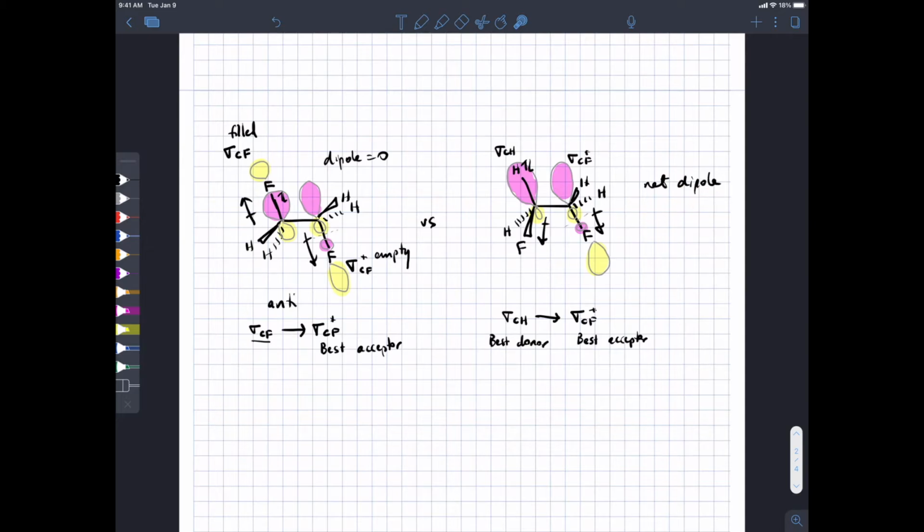Now, we're just imagining these molecules by themselves, right? I would think that alone in the gas phase, probably having a 0 dipole is maybe better. But can you think of a situation where having a net dipole might be better? What if you're not in a vacuum? What kind of solvent might promote having a dipole?